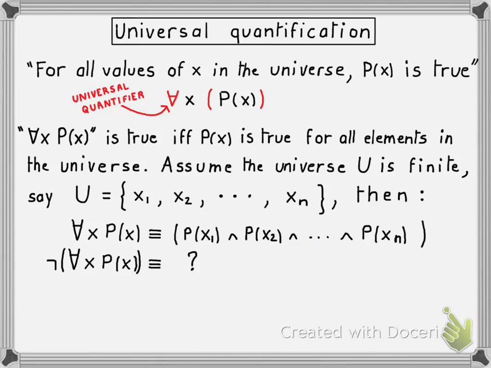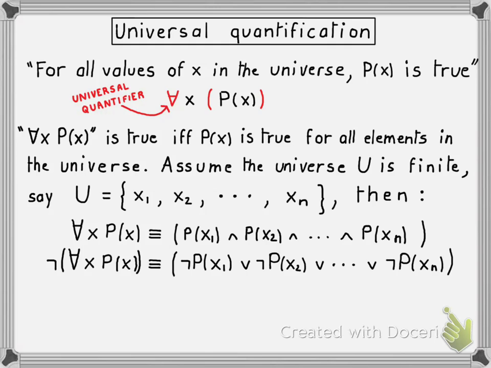In other words, for which not P is true. So finally, either not P of x1 or not P of x2 ... or not P of xn must be the case, since it's not the case that P of x is true for all of these elements. So in conclusion, we have this logical equivalence that we just arrived at.